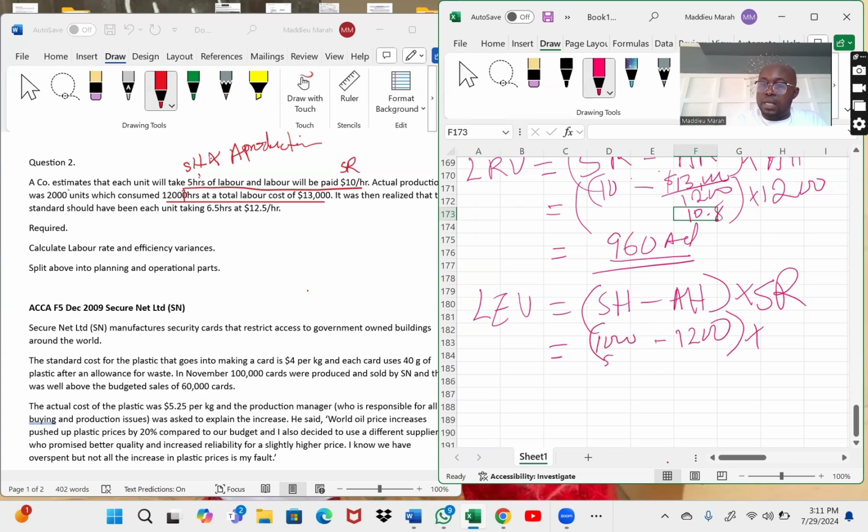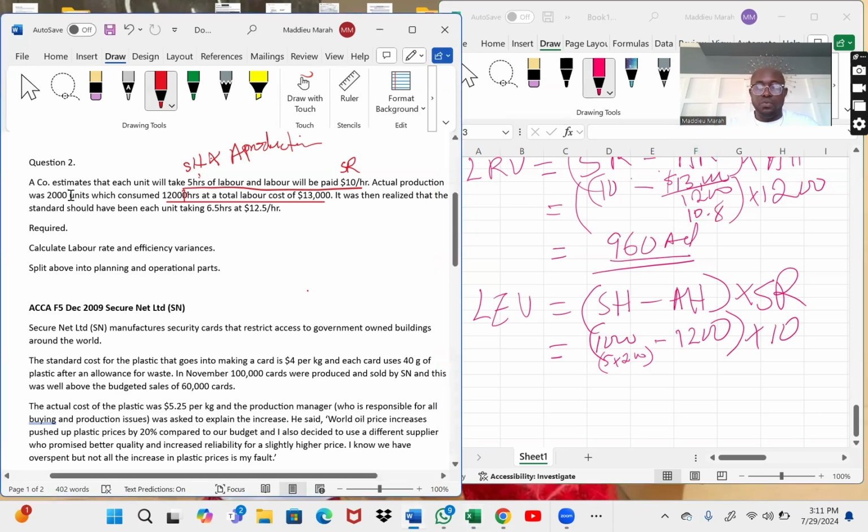Standard rate is $10 per hour. Oh yes, thank you for the memory. Sorry, the question also, the actual production, we have more zeros. Sorry, typographical error on the 200. Okay, thanks. Good. Thanks for the correction.